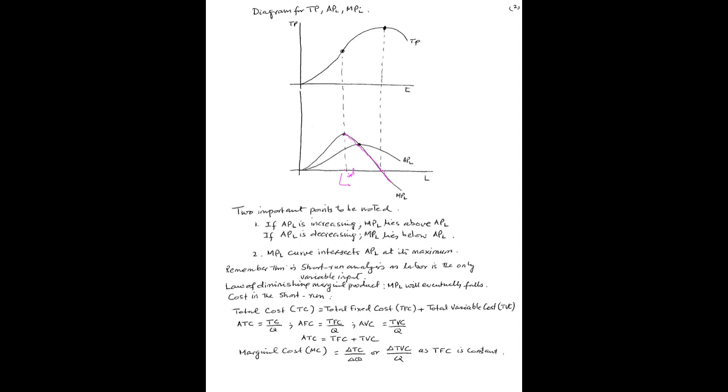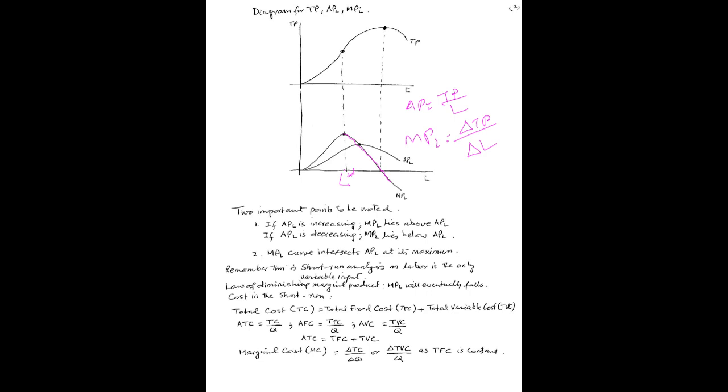The formula to calculate average productivity of labor is total product divided by labor, not output, labor. Similarly, marginal productivity of labor is change in total product divided by change in labor. That is, when you hire one additional worker, what is the increase in total output? That is marginal productivity of labor. And after a certain level of employment, marginal productivity of labor starts diminishing. This is called law of diminishing marginal productivity.